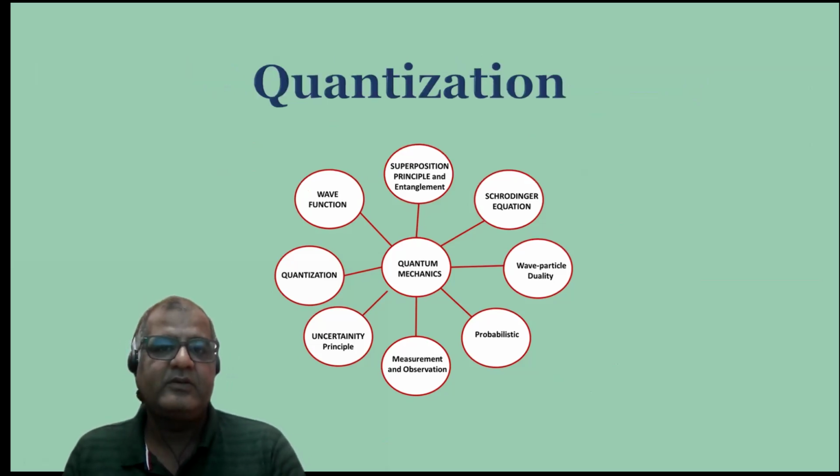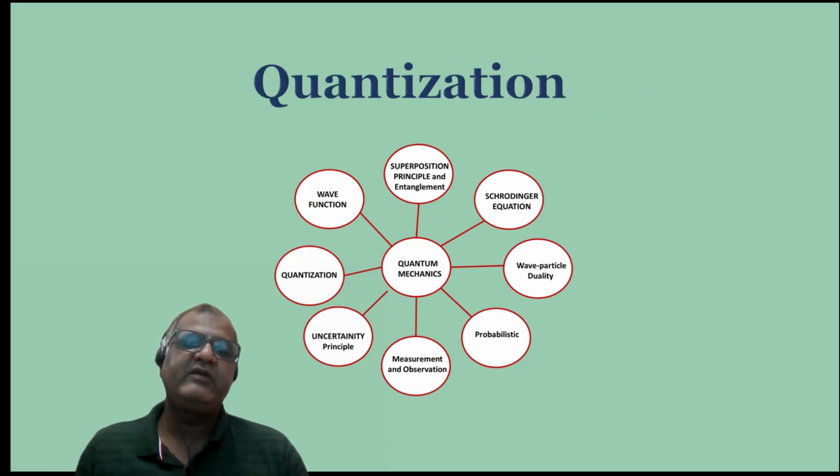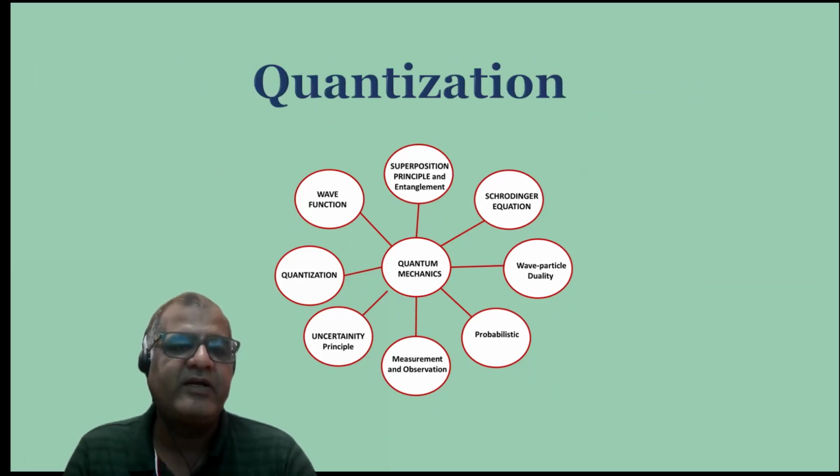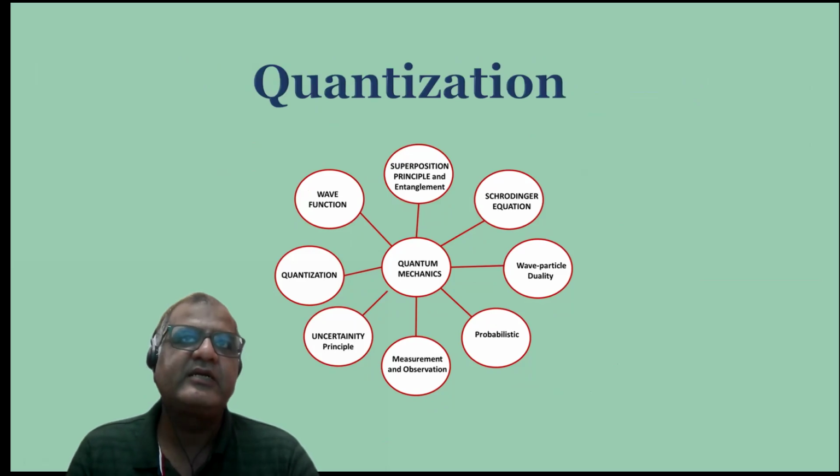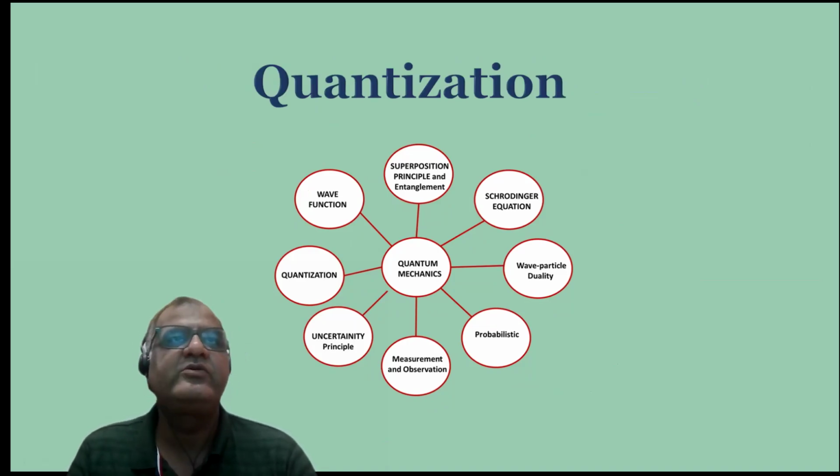Now the third important property which we generally observe in quantum mechanics is quantization. Quantization means the physical properties you measure in quantum mechanics are not continuous like in classical mechanics. In classical mechanics, you can have continuous energy values, continuous momentum values, and angular momentum values.